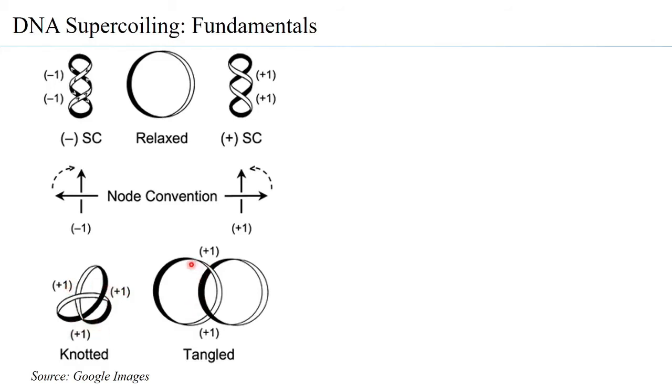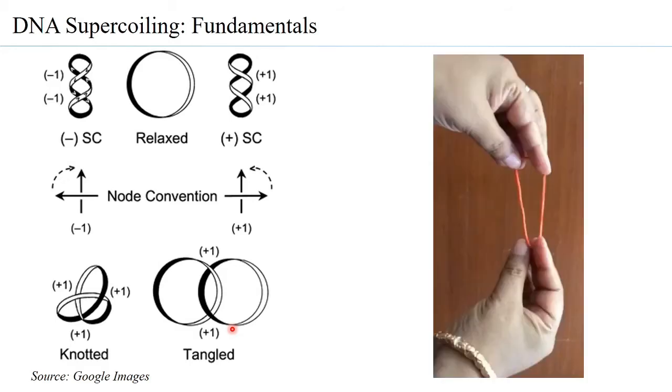In this case, the helical axis is crossing each other over here and it is also crossing each other over here. So there is a supercoil here and there is a supercoil here. So depending on where the helical axis coils in such a way as to cross each other, that would indicate that the DNA has supercoiled.